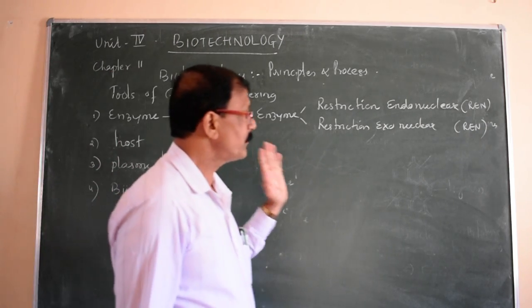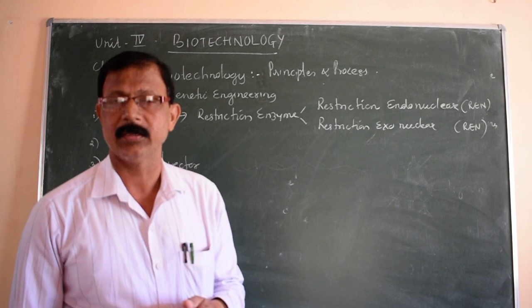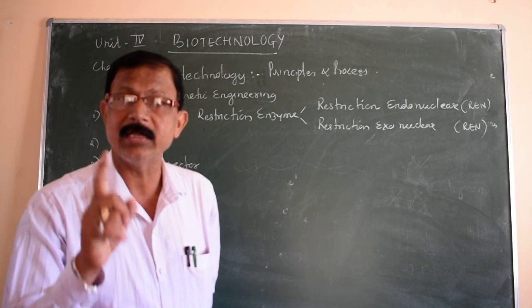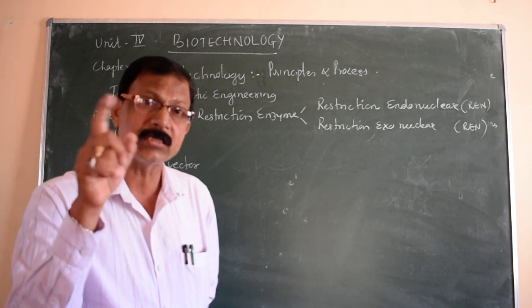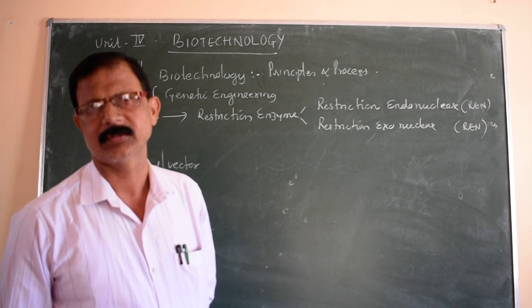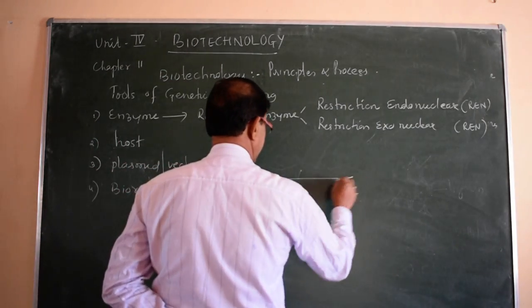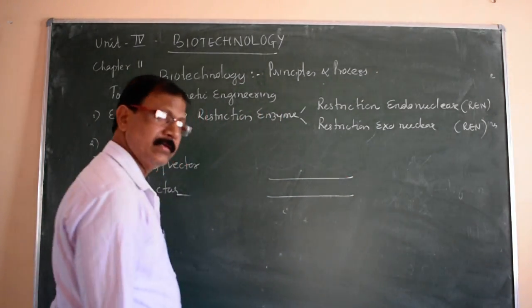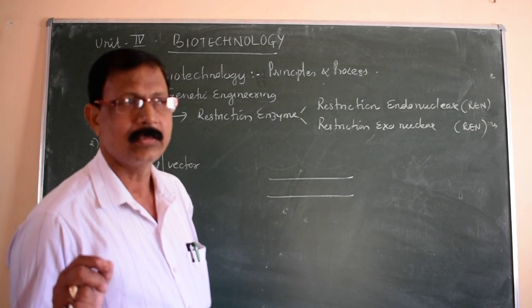However, what is the difference? First of all, restriction means this enzyme always operates on a restricted sequence of the DNA. You are studying genetic engineering, so genetic engineering means engineering done on DNA. A segment of the DNA is called what? The gene.